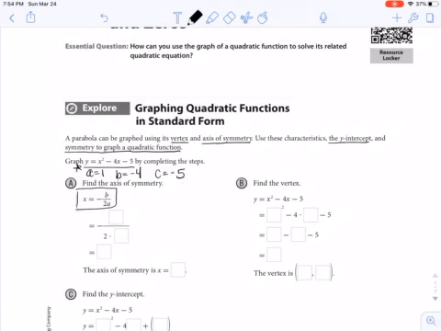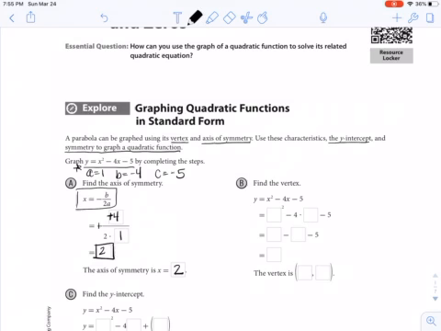And so if we plug that in, we have negative negative 4, and then 2 times 1. And so we're actually going to get a 2, because we have a negative times a negative, so that becomes positive, and so we get 2 here. And so the axis of symmetry is x equals 2.